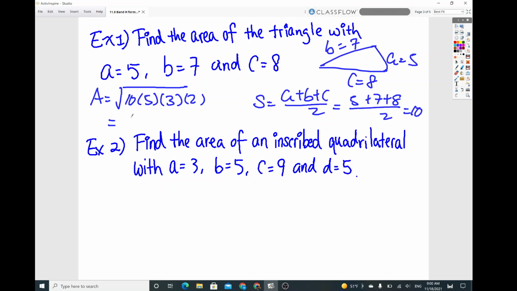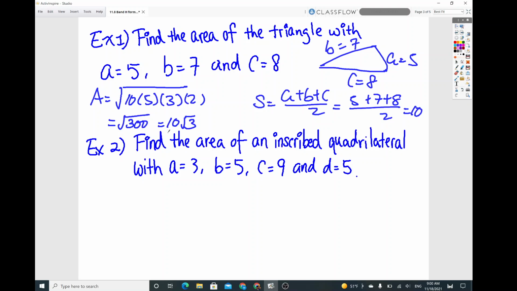So 10 times 5 is 50, 3 times 2 is 6, 50 times 6 is 300. Then using the perfect square simplification, the factor tree, we get 10 root 3 for the area of this triangle. There's no need to find the height, and no need to use one-half times base times height.